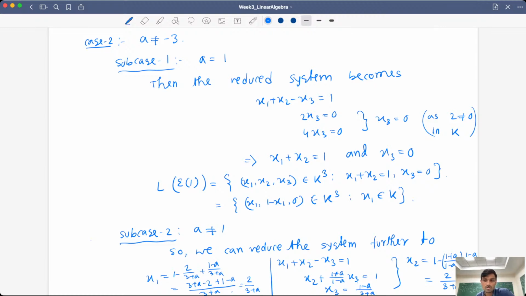So x1 equal to x2 equal to 2 by 3 plus a, and x3 equal to 1 minus a by 3 plus a, right?